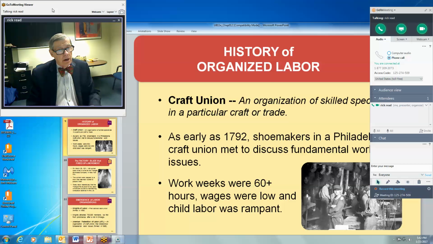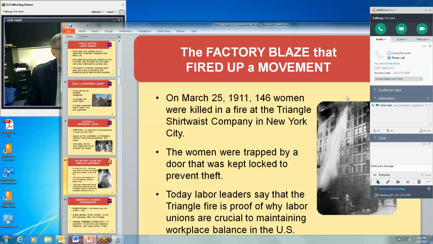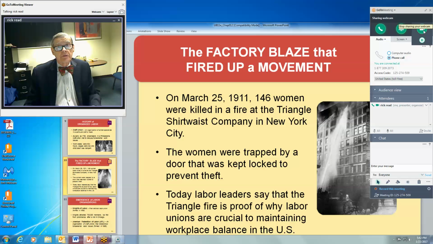Low wages, and of course, child labor, every place you could find it. Because why? The child labor was less expensive. And we still have child labor in many countries because it's ingrained in the culture. This helped promote unions in the United States.